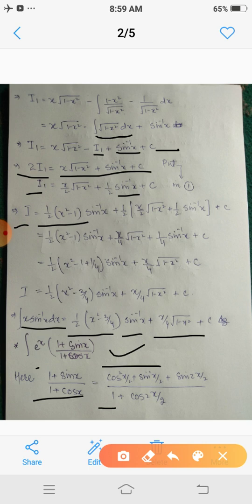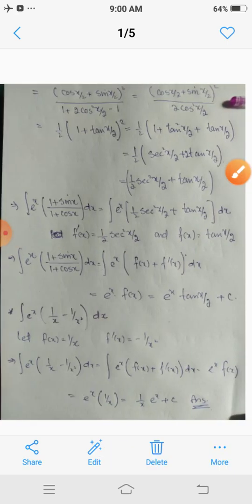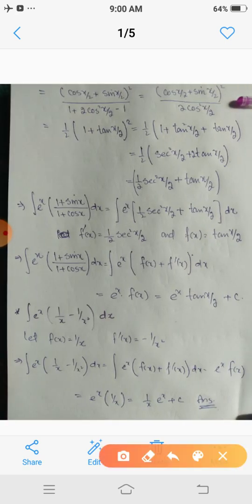Now we know that sin 2 theta is 2 sin theta cos theta, so it simply becomes 2 sin x by 2 cos x by 2, and here cos 2 theta becomes 2 cos square theta minus 1. So minus 1 and 1 cancel, and in the denominator we simply get 2 cos square x by 2.